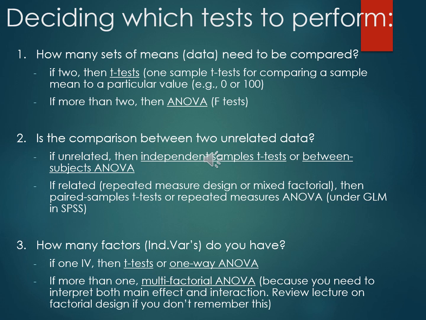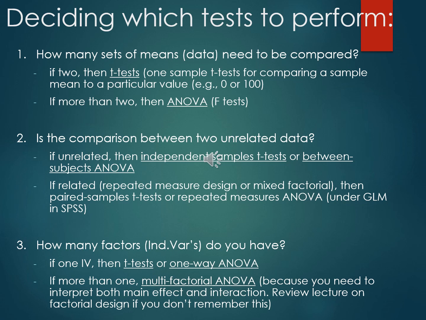On the other hand, if these two or three means that you're trying to compare are related, such as repeated measure designs, then it's going to be repeated paired samples t-test or repeated measure ANOVA or mixed factor ANOVA.